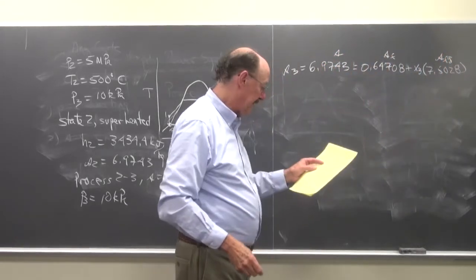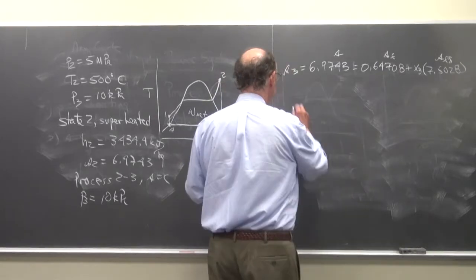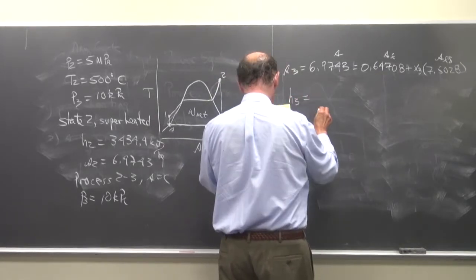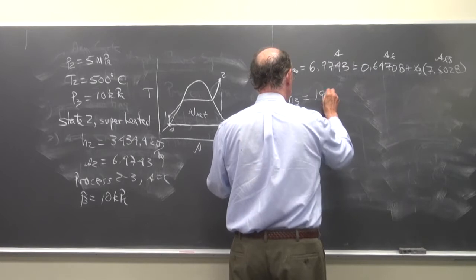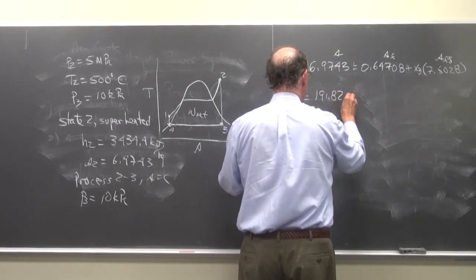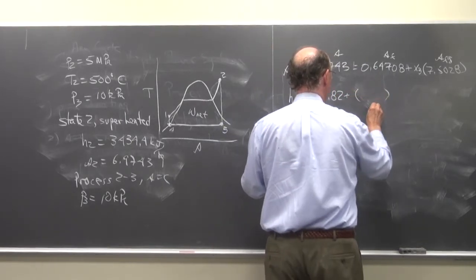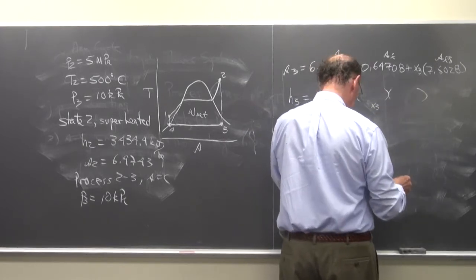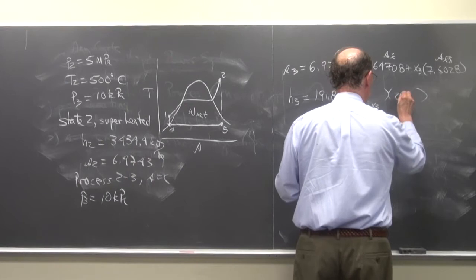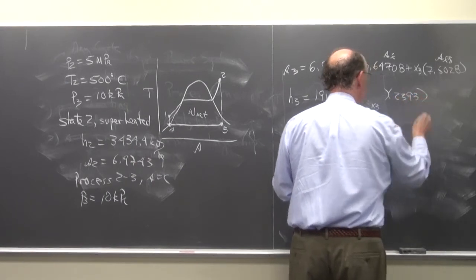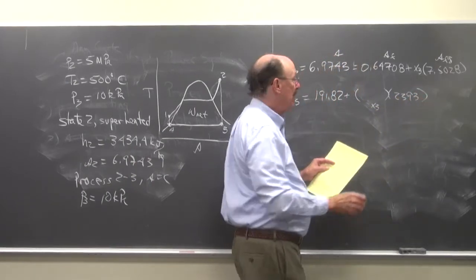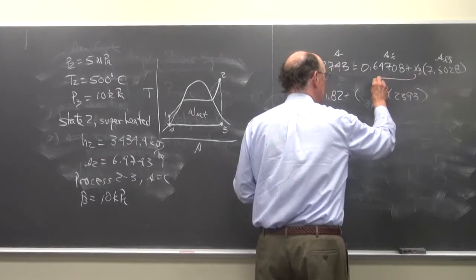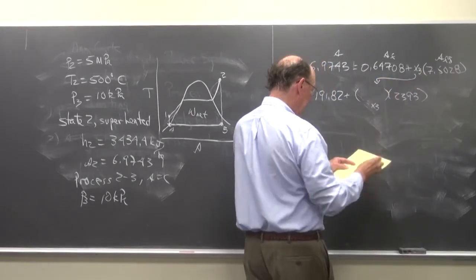Then I'm going to find H3, which is equal to H sub F, 191.82, plus X3 times H sub FG, and H sub FG is 2393. When I solve for X3 here, it's equal to 0.843.